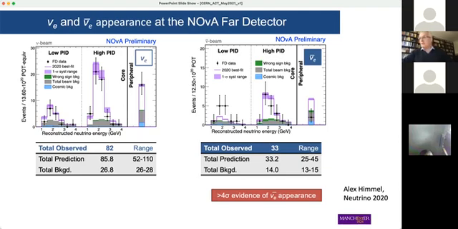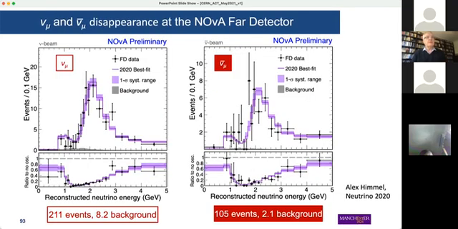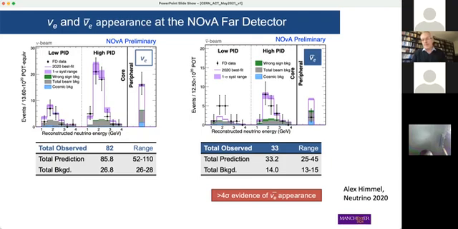This is the electron neutrino appearance. So what you see here is shown for different versions of the particle identification, and both for, again, neutrino and anti-neutrino beam. Now, the first thing you see is that the number of events is much smaller than for the muons, which is because electron appearance is a small effect.